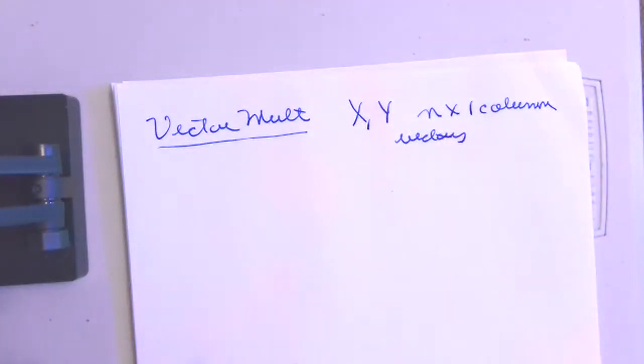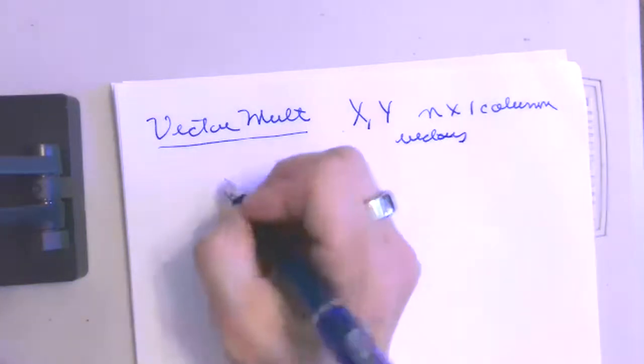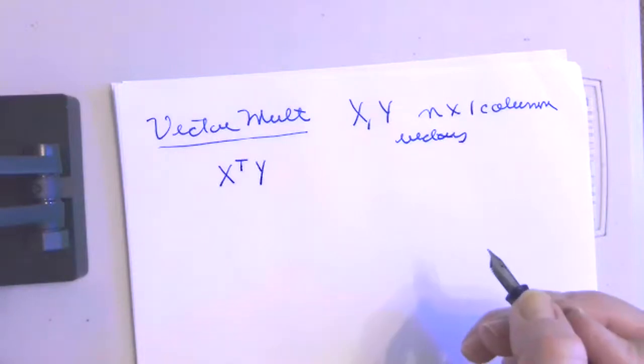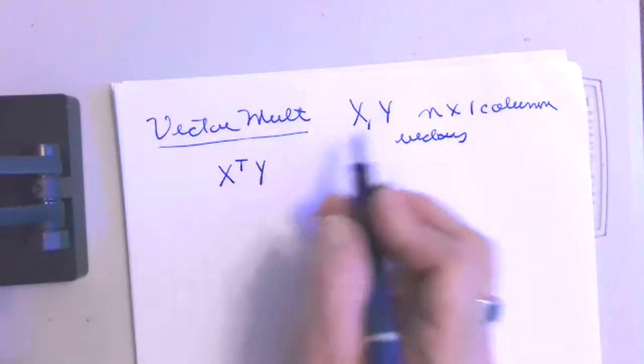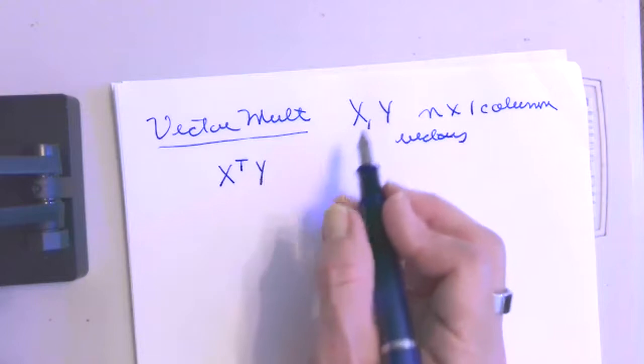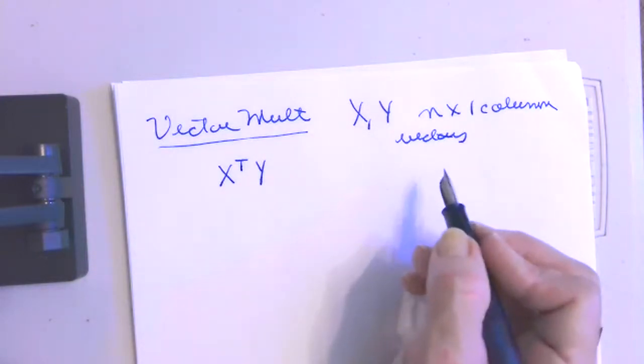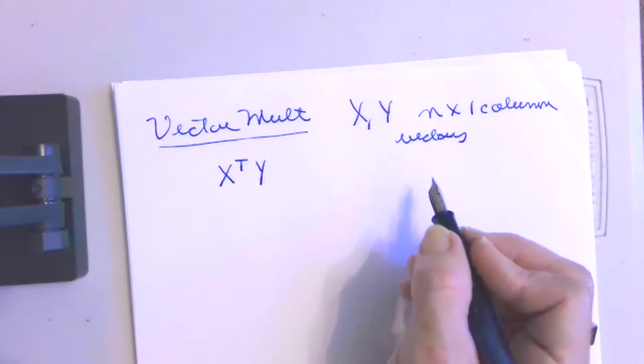Okay, and suppose I look at, and I'm going to define the quantity X transpose Y as the vector, that's a way to multiply these two column vectors. Because if I just said X times Y, that's an n by 1 times an n by 1, that doesn't make sense.